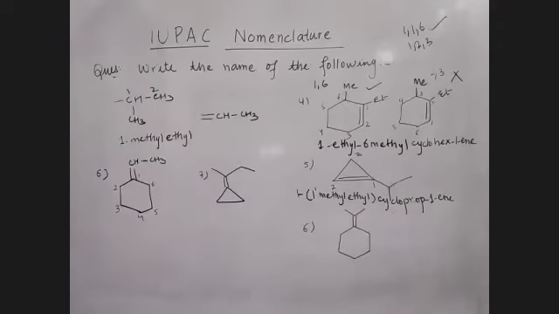Alkylidene. So 2 carbon atoms, this is ethylidene. It is attached at the first position, so it is 1-ethylidene cyclohexane. This is the side chain, so the name will be 1-ethylidene cyclohexane.